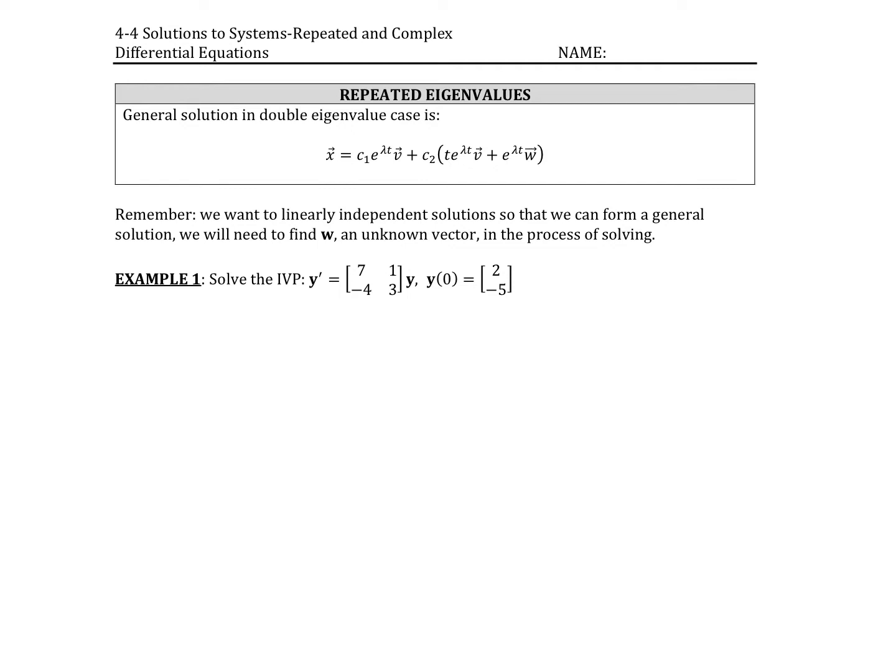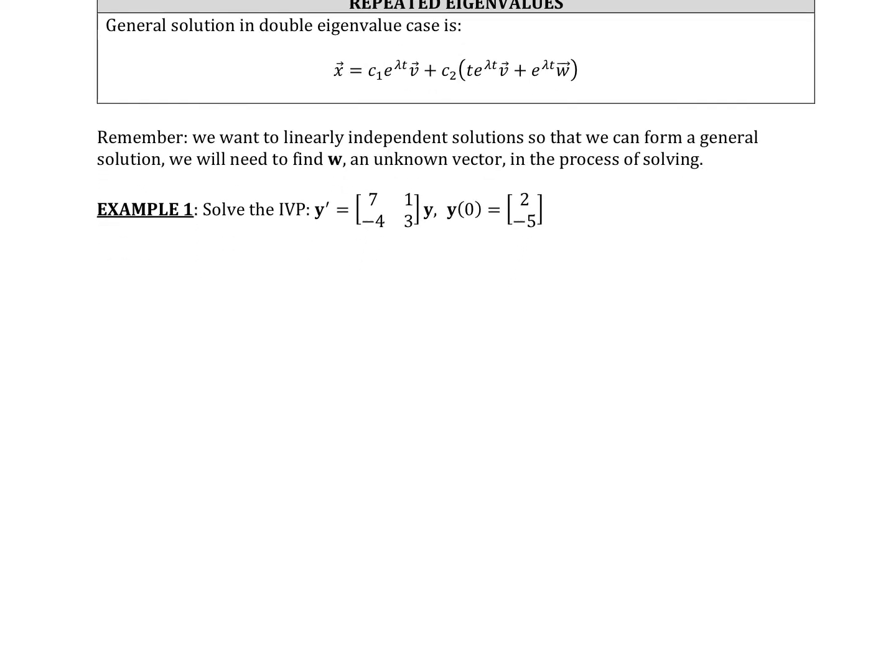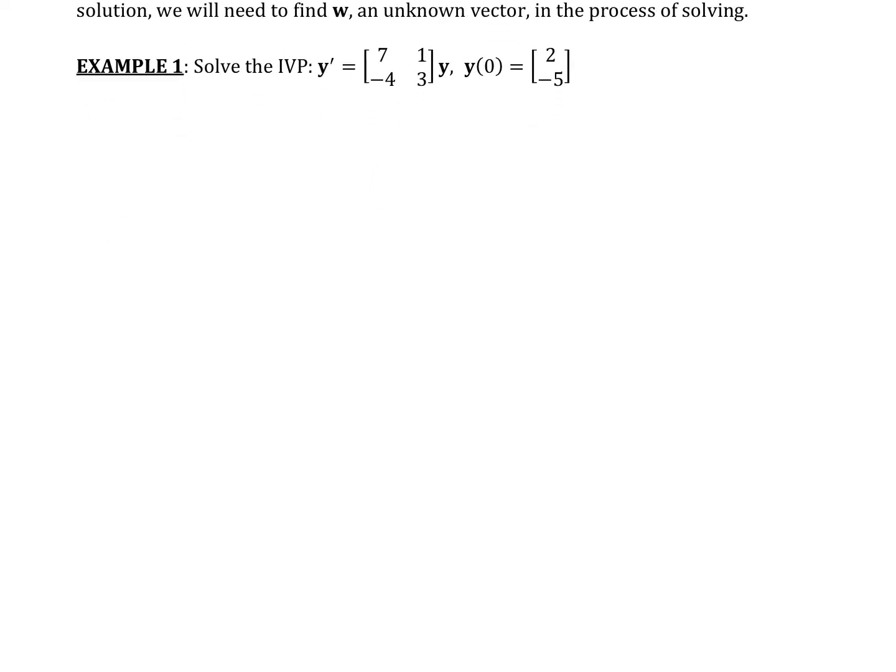So the first thing we would want to do in solving, this happens to be an IVP, so we'll take that step at the end. But the first thing we'd want to do is to actually find the eigenvalues. Walking through the process to find the eigenvalues, I'm going to show you a couple shortcuts that I will start taking, and probably you should too, just to simplify the process a little bit, if it makes sense to you.